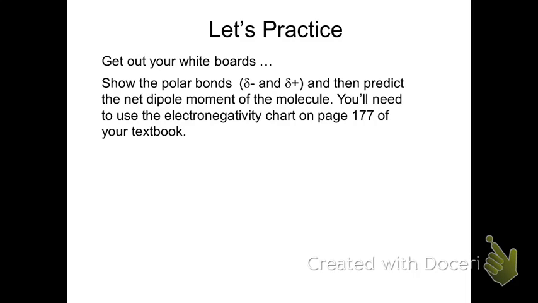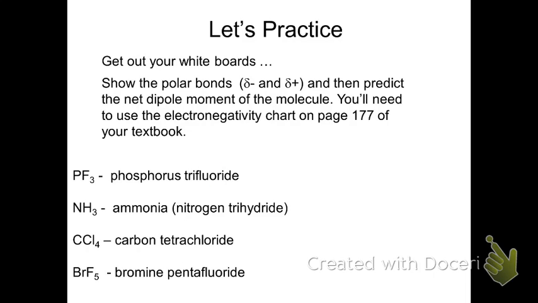Now remember, don't worry about C-H bonds. C-H bonds are not polar covalent, so you won't have to deal with them. Here are the four that I want you to try. One is phosphorus trifluoride. By now you should know that this is trigonal pyramidal.